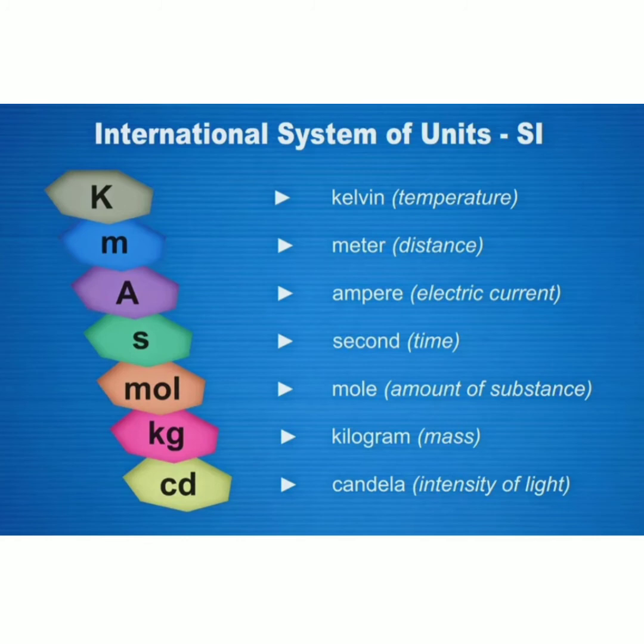The units of the fundamental quantities are the fundamental units, and the system based on these fundamental units is the International System of Units or SI units. In SI units, in addition to length, mass and time, we also consider electric current, temperature, amount of substance and luminous intensity as fundamental quantities.